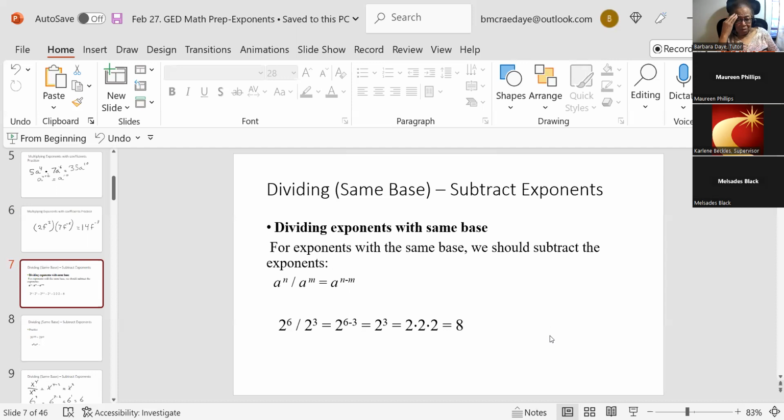Am I mixing it up? No. Division with the same base, we subtract the exponents. So 2 to the 6 over 2 to the third is 2, the base, and subtract the exponent, 3 from 6. So the answer is 2 to the third power.